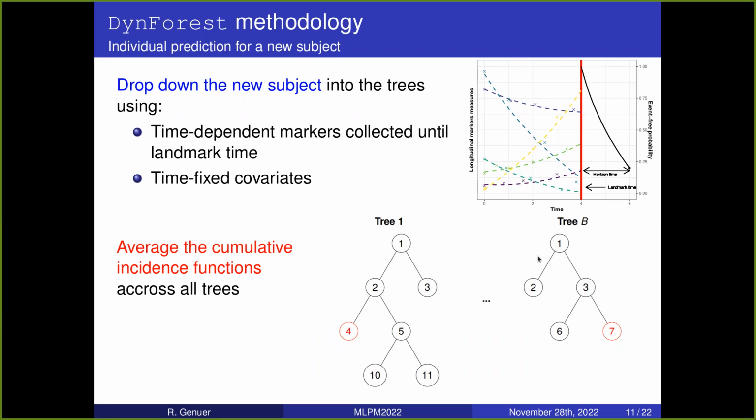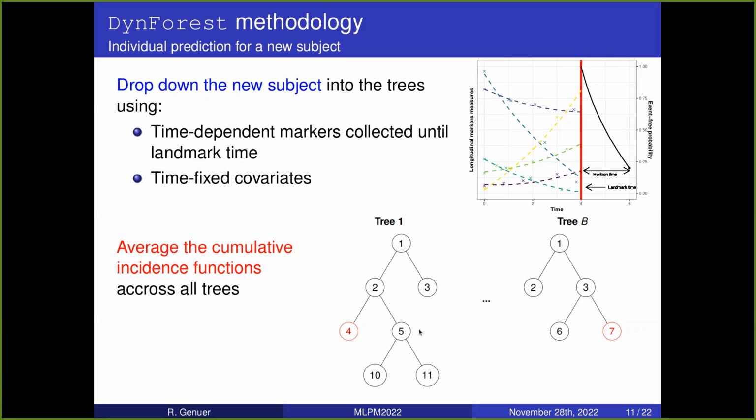And you do this for each tree of the forest. So let's say that for the last tree, your individual goes to the right, and then to the right, you end up in leaf number 7. Again, you have another cumulative incidence function computed here.